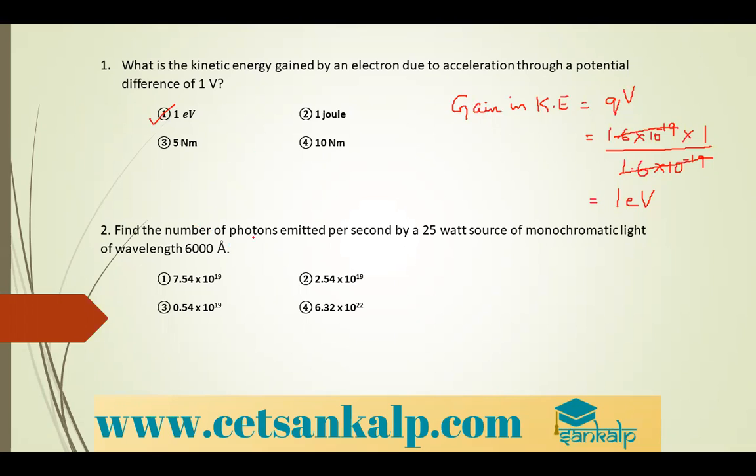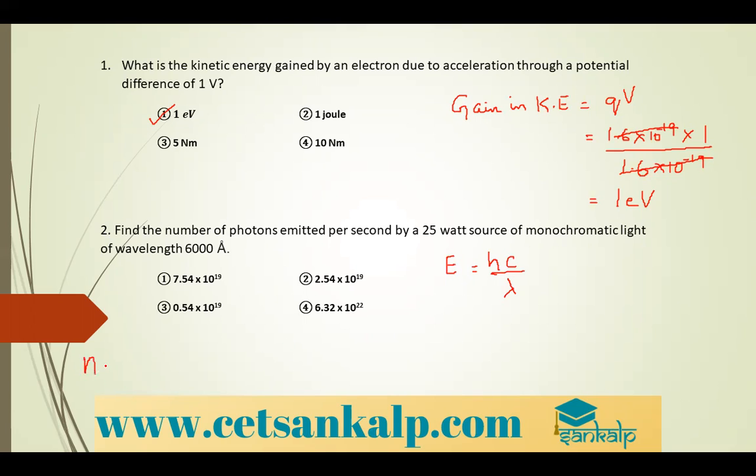Next, find the number of photons emitted per second by a 25-watt source of monochromatic light of wavelength 6000 Armstrong. So you have the formula for the number of photons. First, E is equal to hc by lambda.